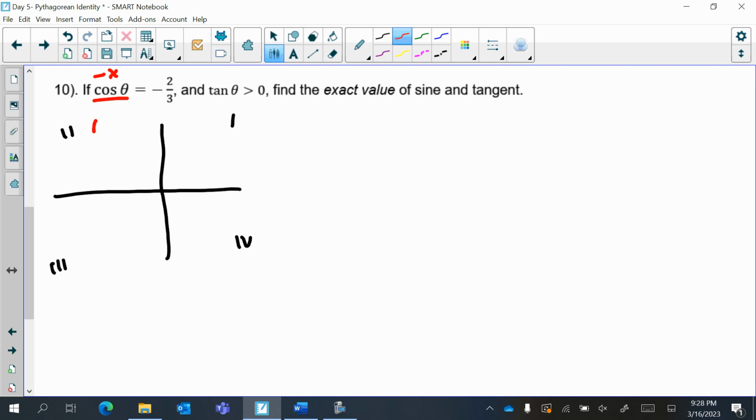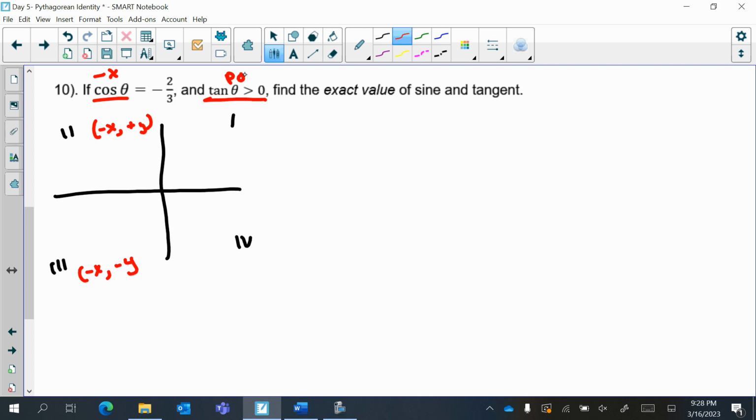Now, you have negative x on the left in the second quadrant, and you have negative x on the right in the third quadrant. The question is, do you have negative y or do you have positive y? And that's what we're going to use here. They're saying tangent is greater than 0.